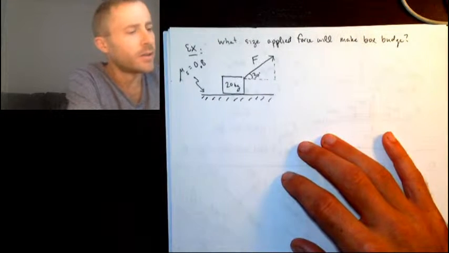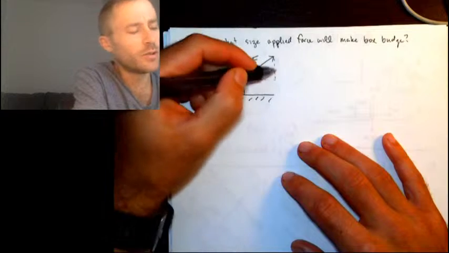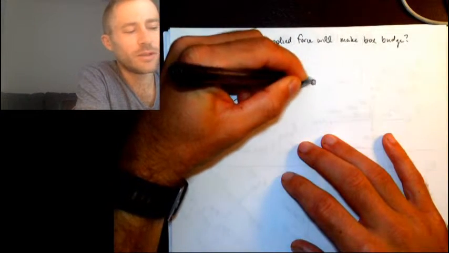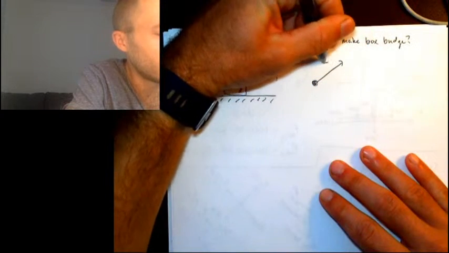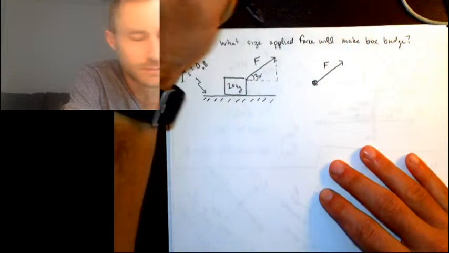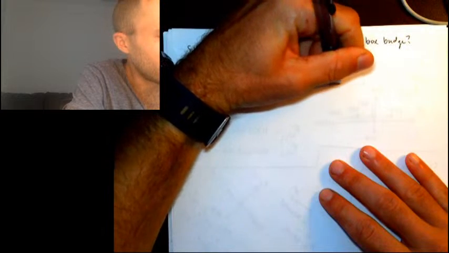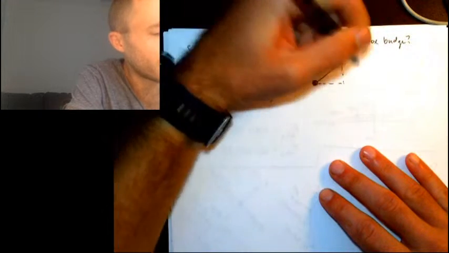So when we do our free body diagram, we are going to have this diagonal force, which has an undetermined size F, at an angle of 30 degrees.